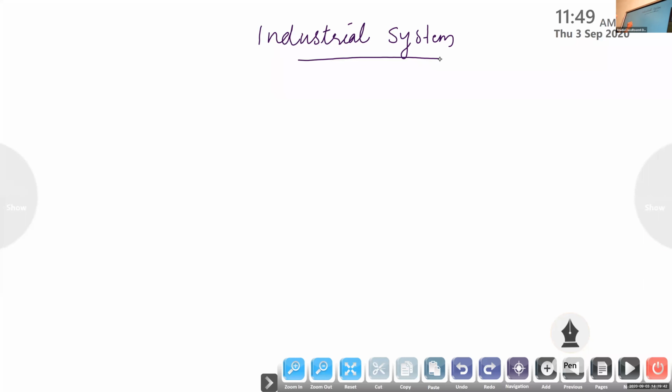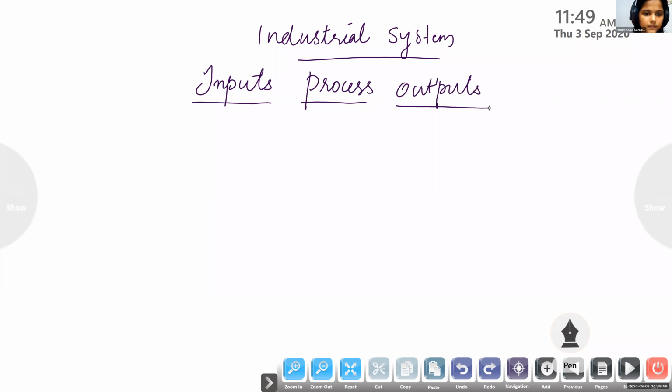Okay, very good. Here we have the same three things: input, process or operation, and output. What are inputs in the industrial system? Raw materials. Very good.